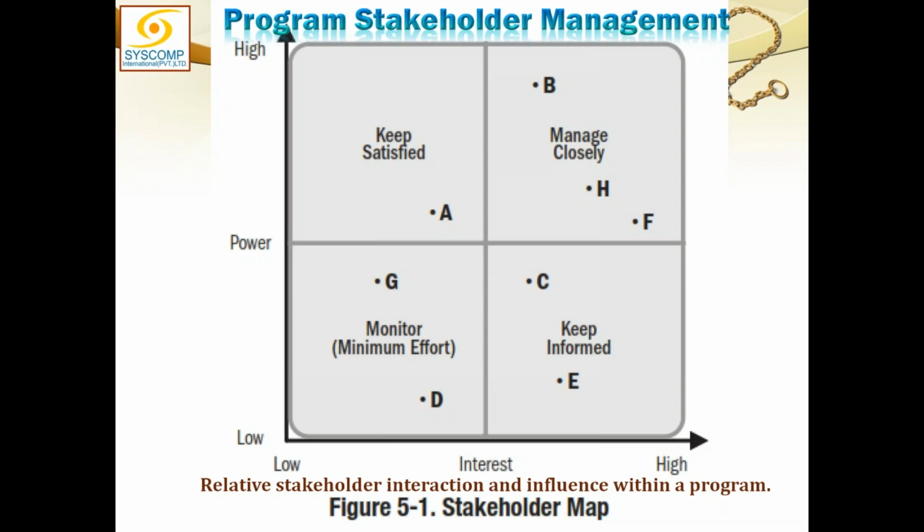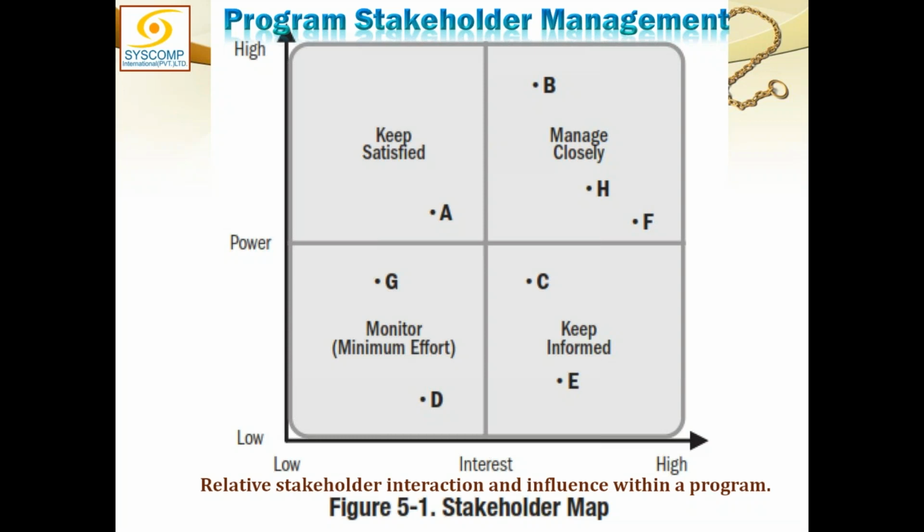So, what is your strategy to deal with them? Maybe, as we have written there, manage closely. This is my strategy. These three stakeholders I will manage closely. Right? Meaning what? That I cannot ignore any demand they make.